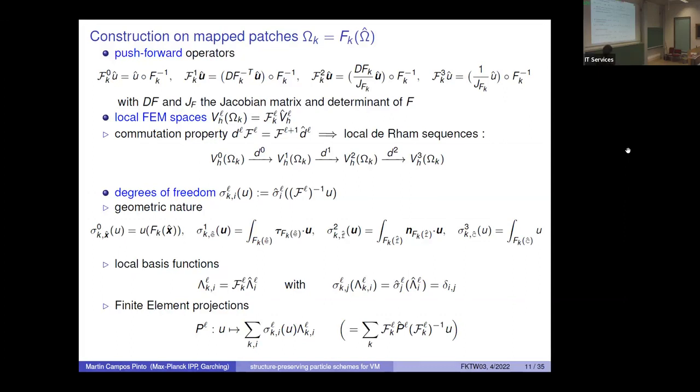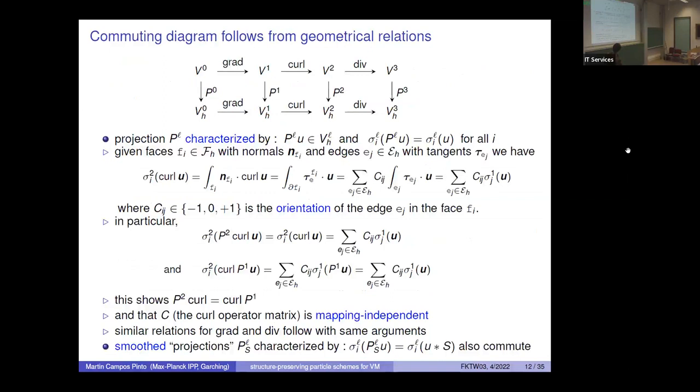You have local basis functions with this procedure. And the finite element projections that you define like that, by interpolating this, they will satisfy a commuting diagram property because of geometrical relations. Okay, so the geometrical relations here are shown, for instance, for the curl operator.